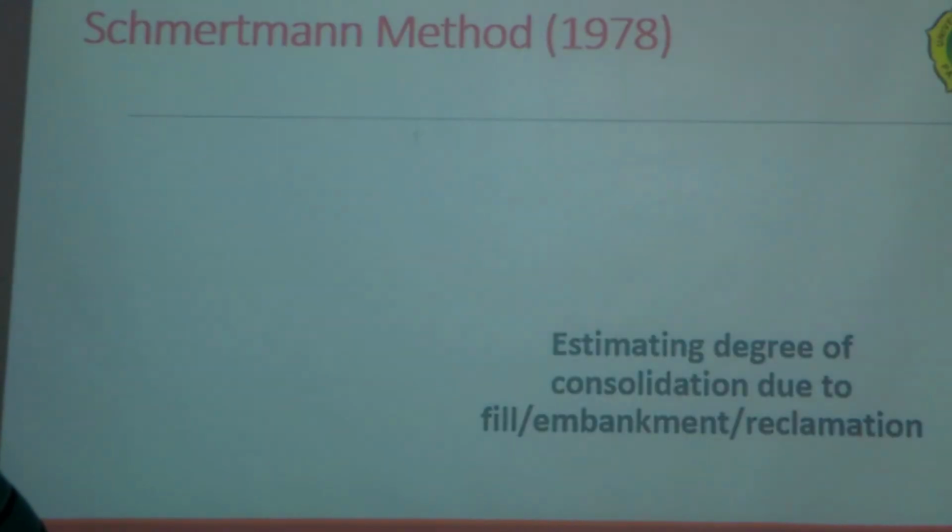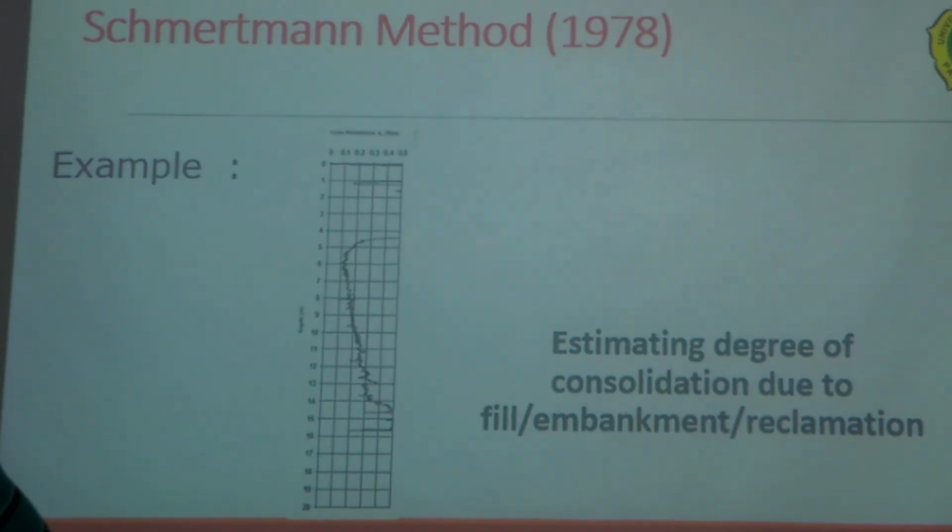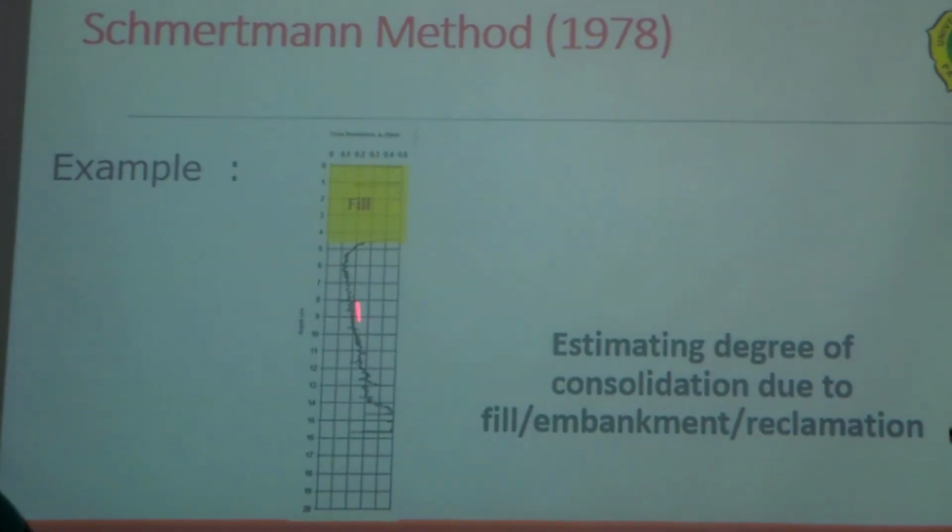How to do the calculation? So this is the example. This is the reclamation work with about a 4.5 meter embankment, and that is the clay below. We want to know if the clay is already consolidated. We use the Smertman method. So we take, this is 4.5 meter until that point, and this is the line.